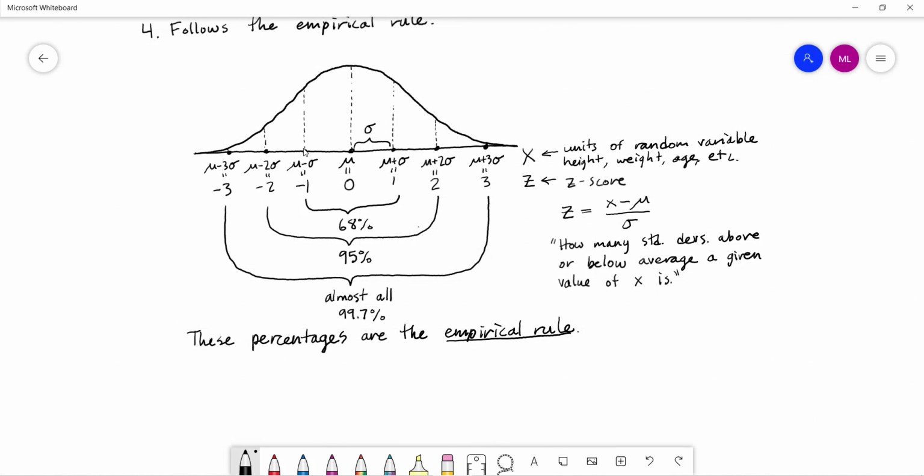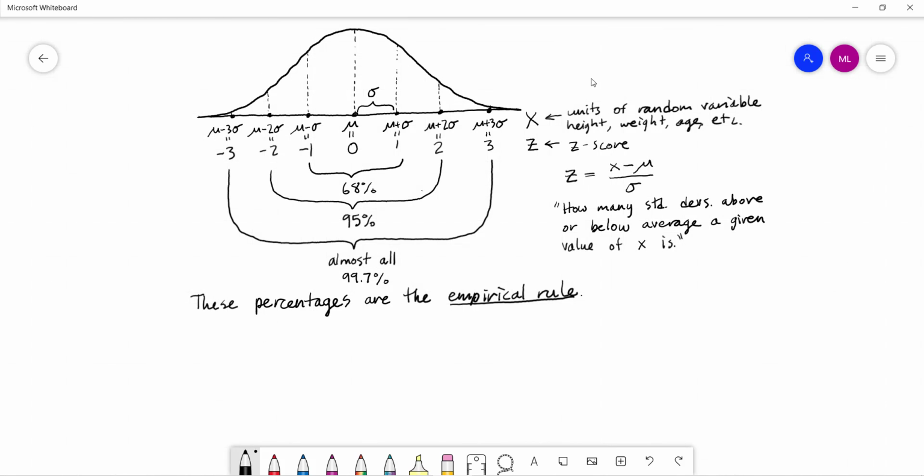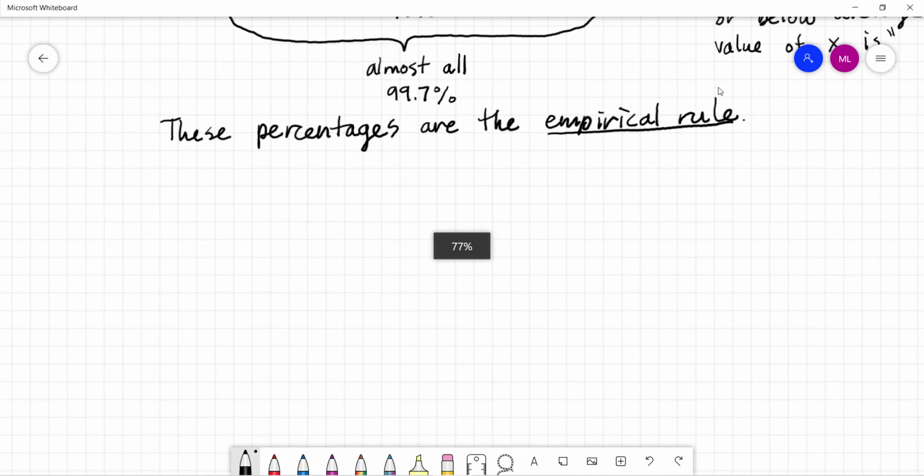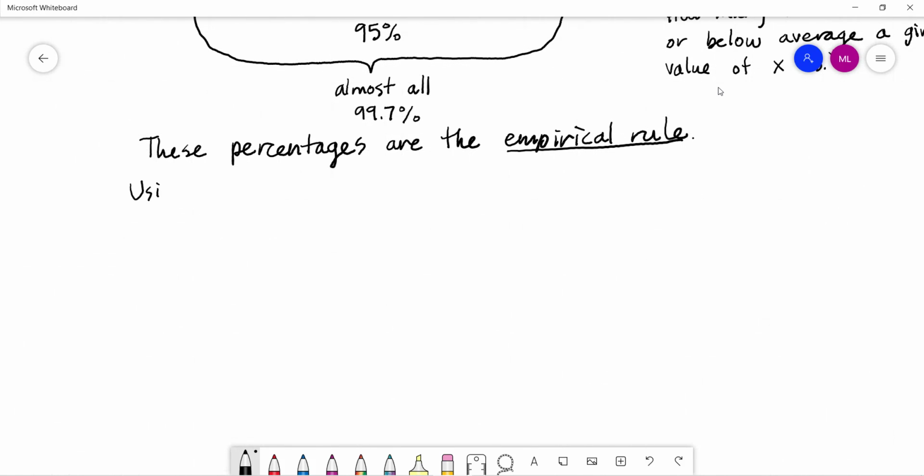If your curve has 68% of the area between a z-score of -1 and 1, and 95 between -2 and 2, and almost all of it between -3 and 3, then you are dealing with a normal distribution. If we use the z-scores here, that's what makes it a standard normal distribution. So using z-scores standardizes the curve.